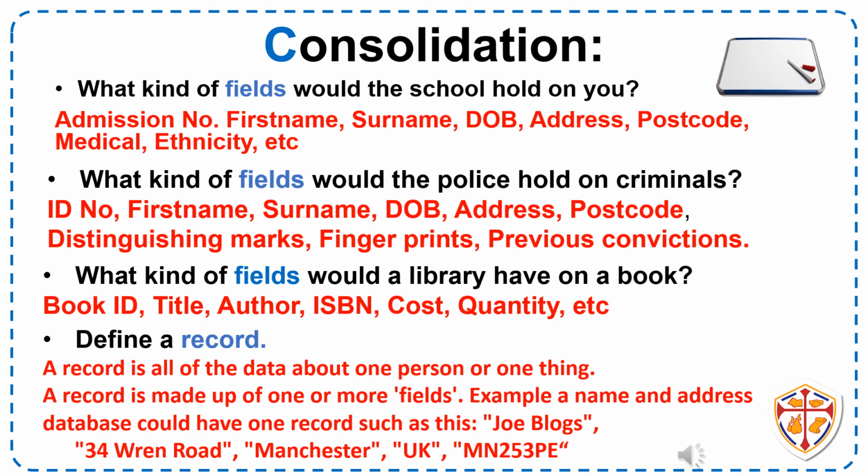A record is all of the data about one person or one thing. A record is made up of one or more fields. For example, the name and address in a database could have one record, such as Joe Bloggs, his address, Manchester, where he lives in the UK, and a postcode.